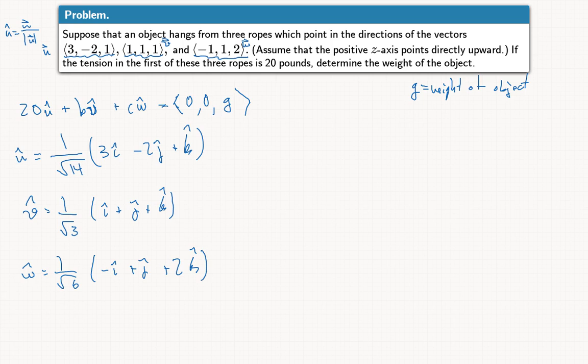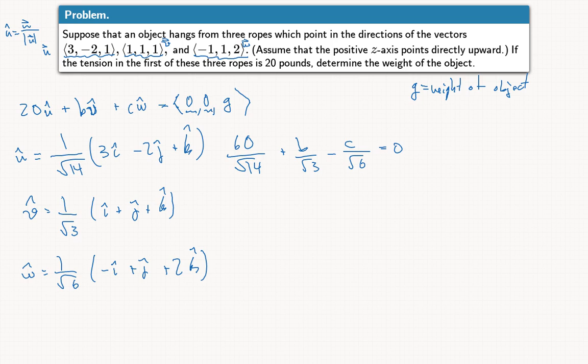Okay, so now if we look at the x-coordinate of each vector, then this will give us an equation. So 20 times u hat, that'll give us 60. So we're just looking at the coefficient of the i vector on both sides. So 60 over root 14 plus b over root 3 minus c over root 6, that has to equal 0.